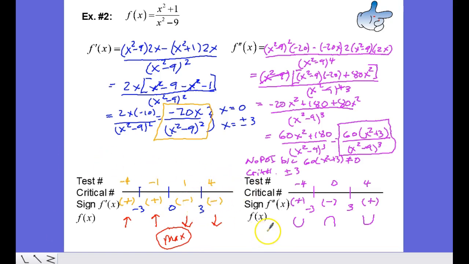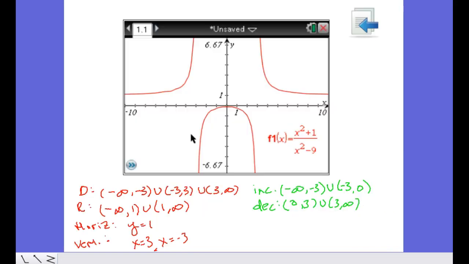Now its concavity is going to be concave up from negative infinity to negative 3, union 3 to infinity, and it is concave down between negative 3 and 3.